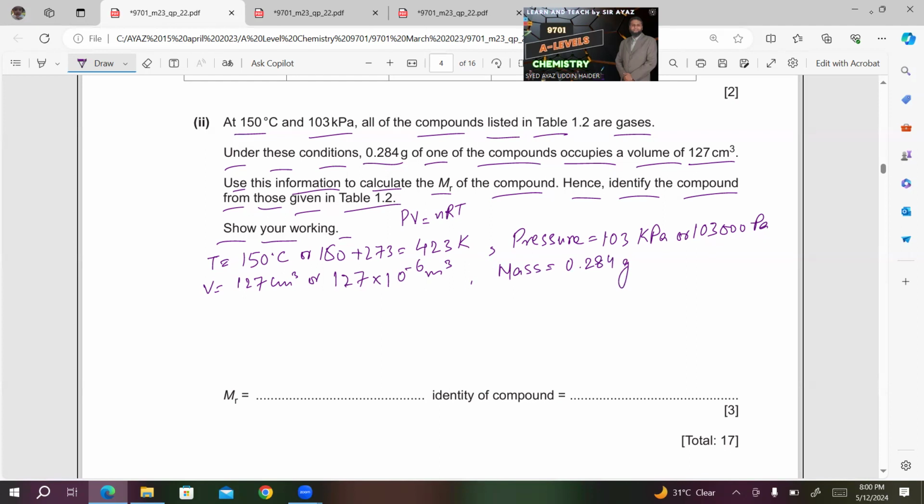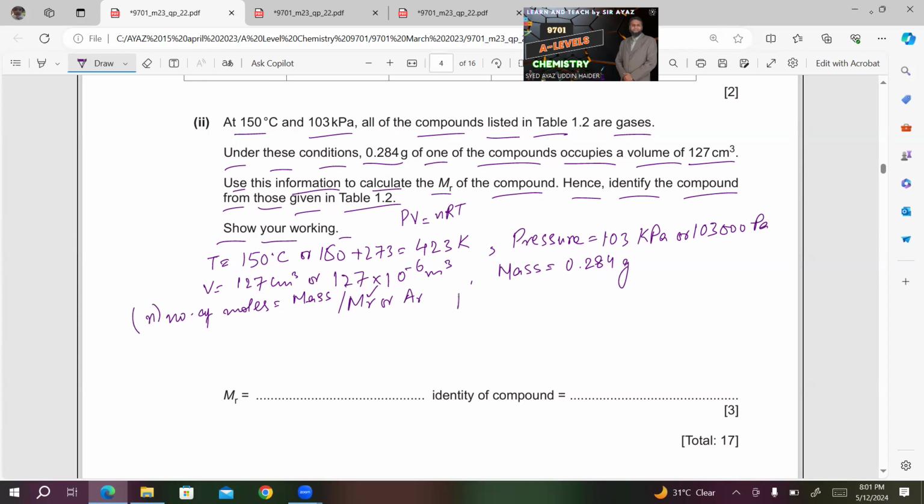Now to find MR, we also know that number of moles is equal to mass by MR or AR. Here MR is written, so we will consider MR. So putting the value of n, the number of moles, in the equation, what will we get?